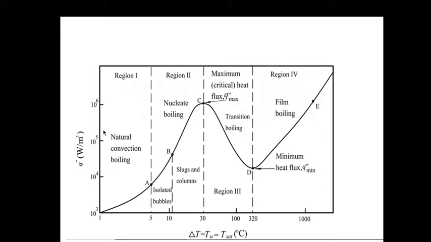When we consider that cross section, how much heat will be given to the fluid. And on the x-axis we have the temperature difference between the actual temperature and the saturated temperature of the fluid.